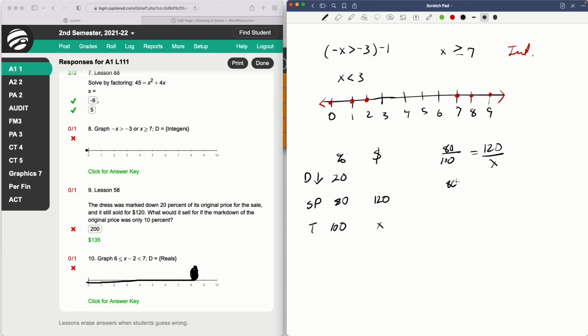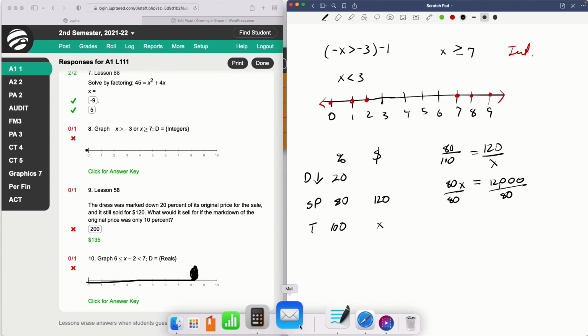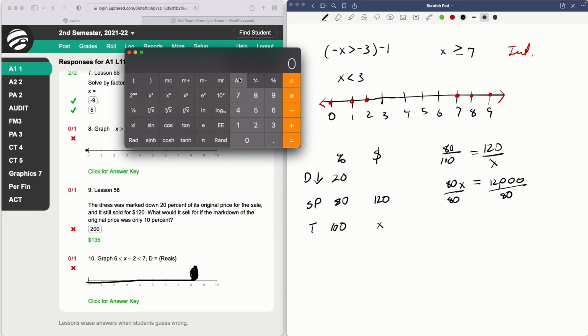So 80 times X is equal to 12,000. So we divide both sides by 80. And I'm going to have to pull up my calculator because I'm not that smart. 12,000 divided by 80 is 150. So the original price is 150.